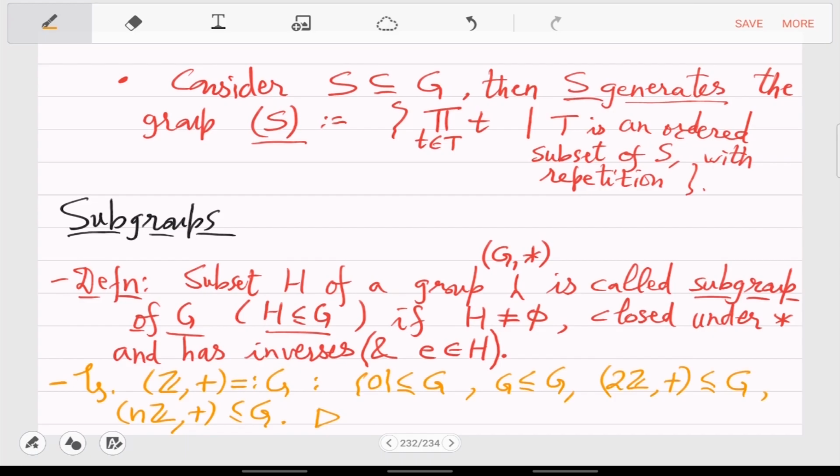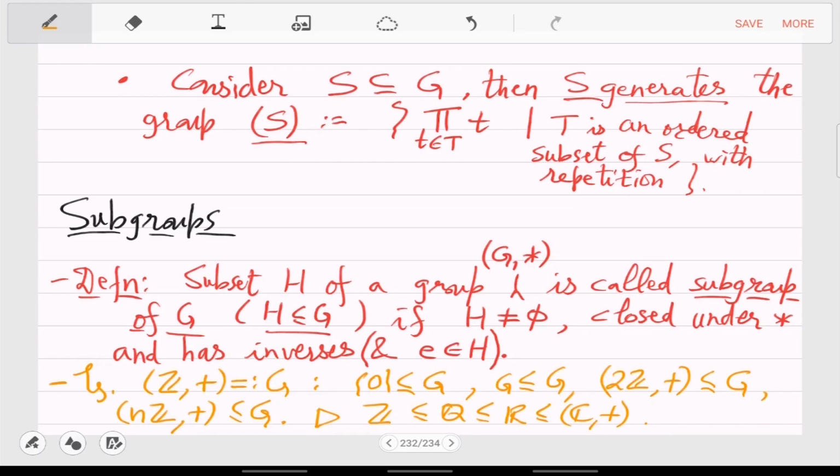And you have these large scale groups. Z is a subgroup of rationals, subgroup of reals, subgroup of complex. We have these famous groups, they have this subgroup tower structure.